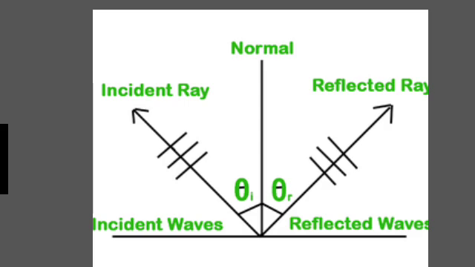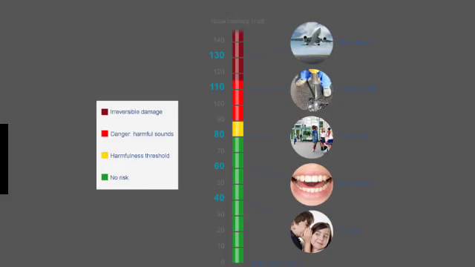Thus the total distance covered by the sound from the point of generation to the reflecting surface and back from the reflecting surface to the point of generation should be at least 34.4 meters.